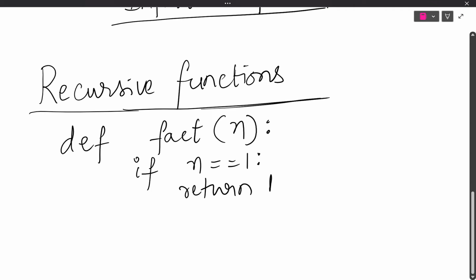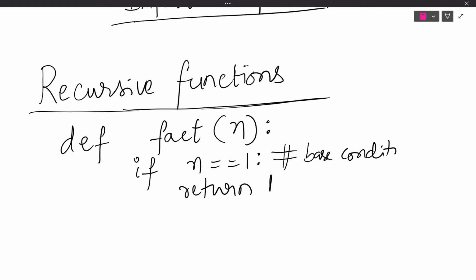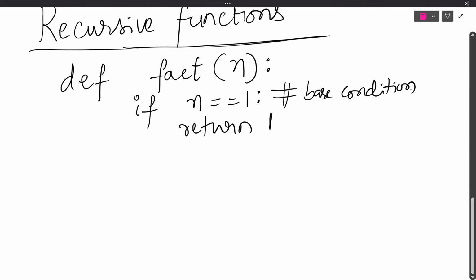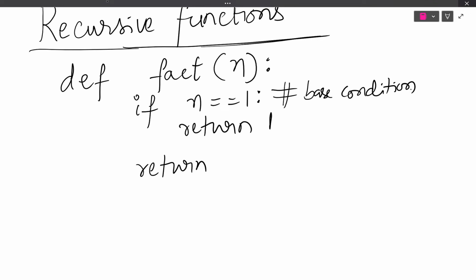This is the base condition. Else, if n is not 1, then make a recursive call to the factorial. So we return n multiplied by fact of n minus 1.